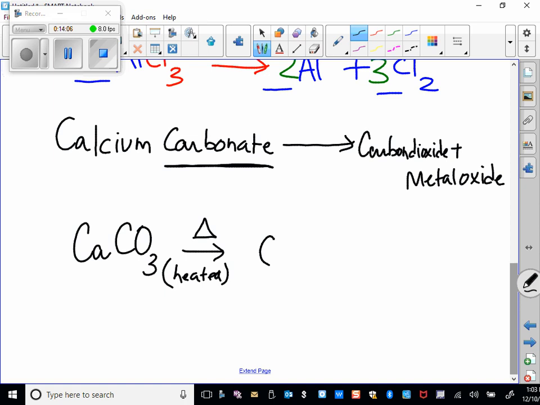What is one of the products from a carbonate? Carbon dioxide. Plus, what is the other product? And the equation is already balanced. You don't have to do anything about it. Are we good?